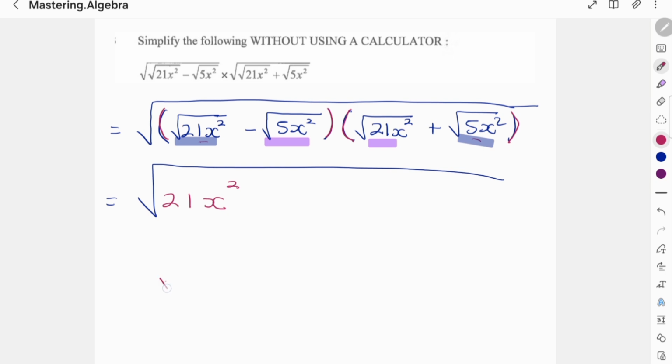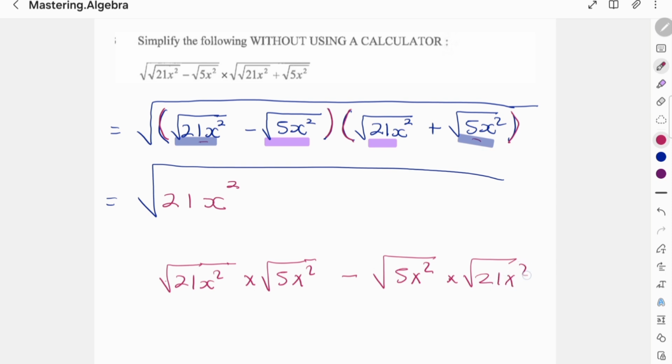So then I would have square root of 21x squared multiplied by the square root of 5x squared, minus square root of 5x squared times the square root of 21x squared. These two terms are the same, so they would cancel out.